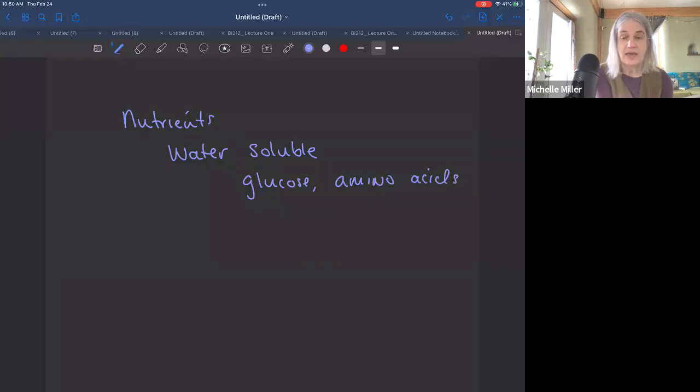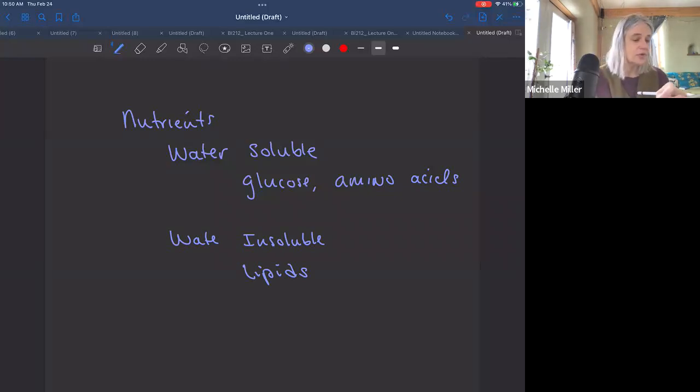Glucose is energy. Amino acids would be like the building blocks of proteins. Then we have water insoluble nutrients, and these would be, for example, lipids. So those are two different types of nutrients, and they are dealt with differently.